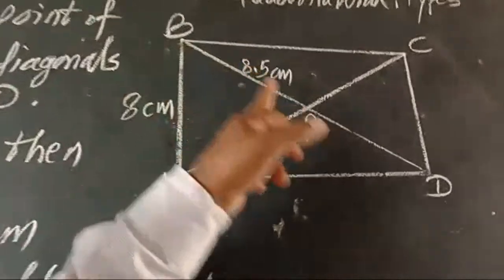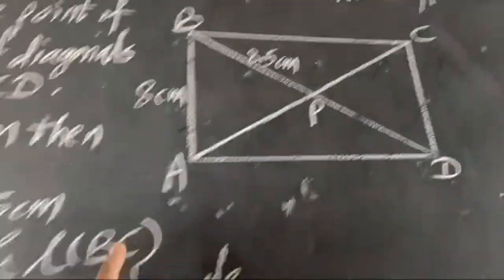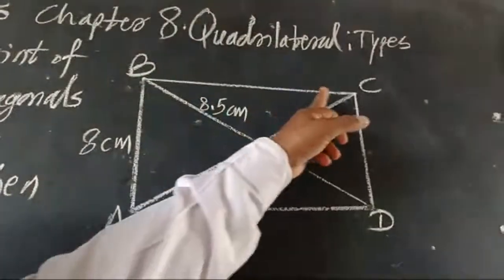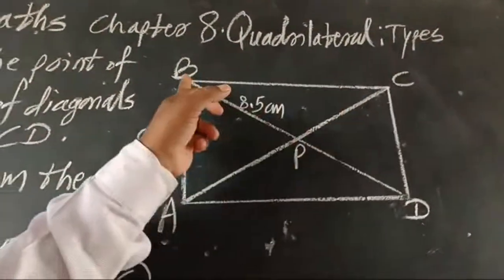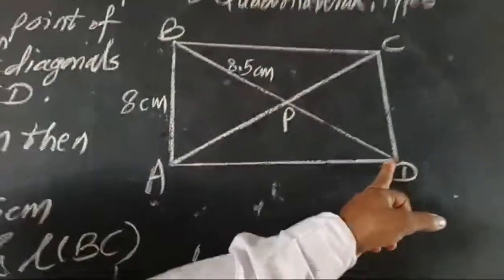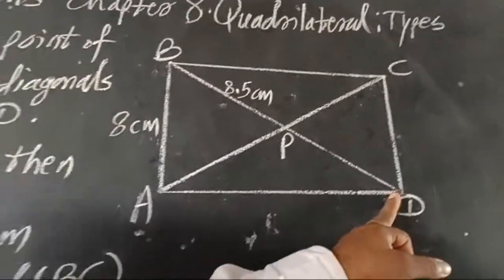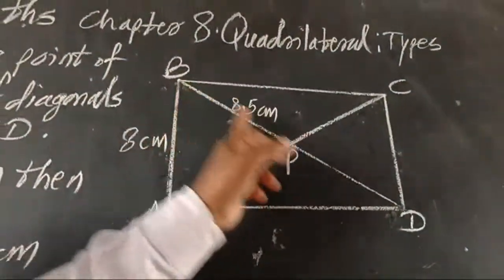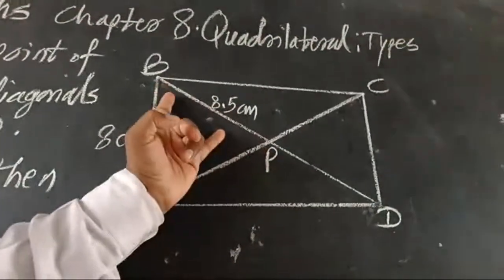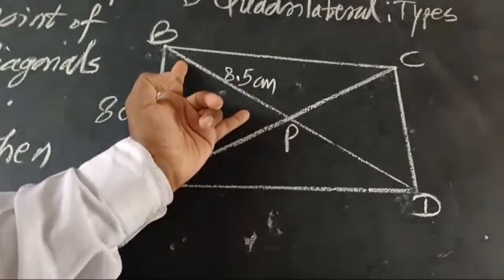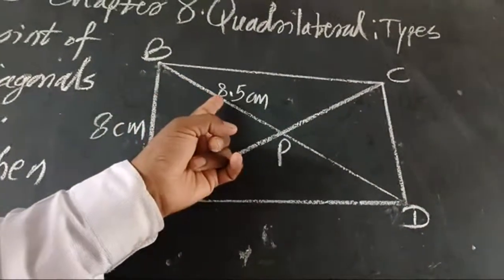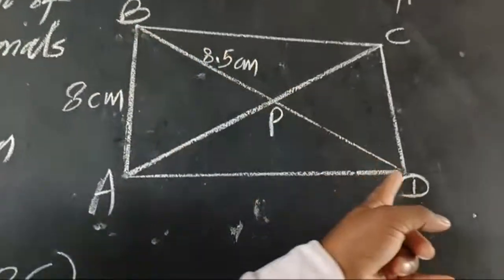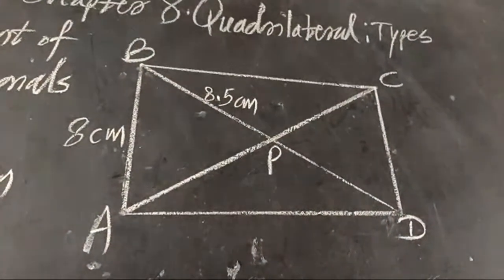The second question is length BC. BC is a side and BD is called a diagonal. For the first question we find the total diagonal, and its half part is given. If length BP is 8.5 centimeter, then BD becomes?